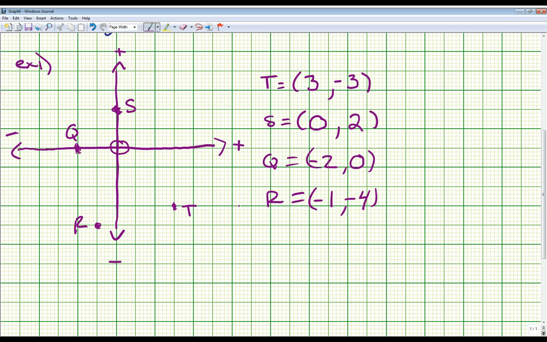And there is one more listed, and it's going to be right here. Put a dot right there in your notes, and we'll label that P, and we'll list the ordered pair for P. So from this 0 origin, we have to move to the left, so our first answer will be negative.